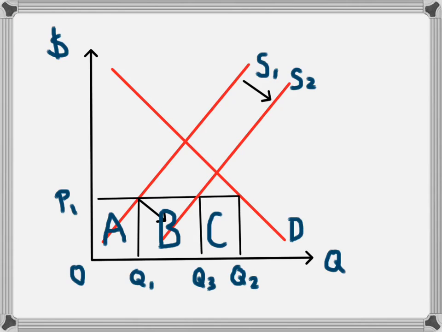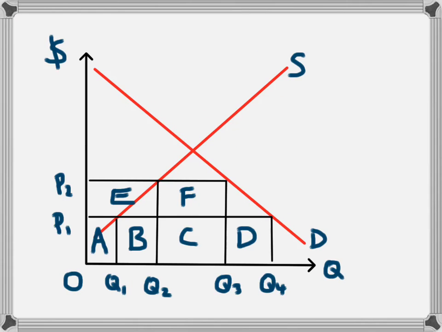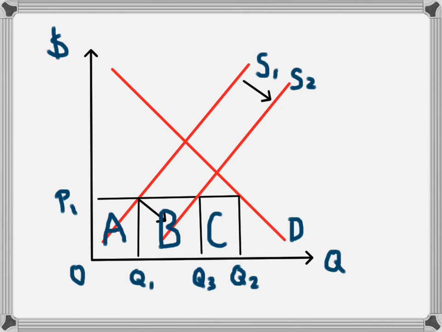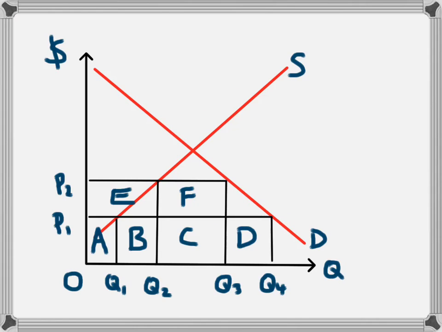We're now just going to compare these two tools of protectionist policy. So this was our tariff and this was our subsidy. With the tariff, there was an increase in the price level, and there was also a decrease in the total consumption. At P1, total consumption was here at Q4, but as a result of the increase in price, we have this new level of total consumption at Q3.